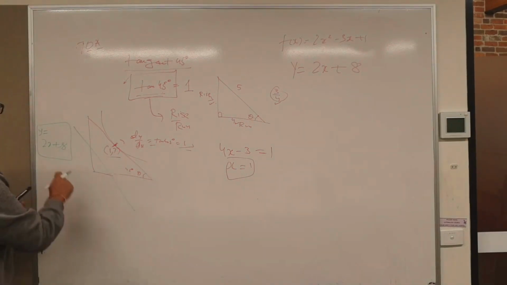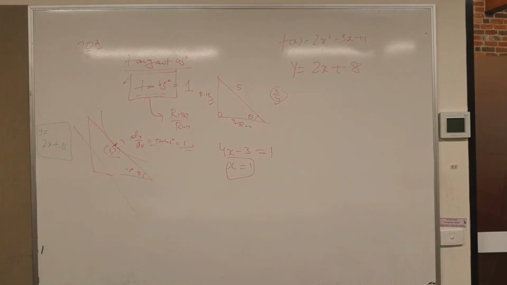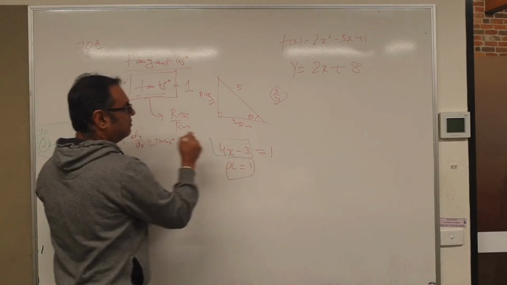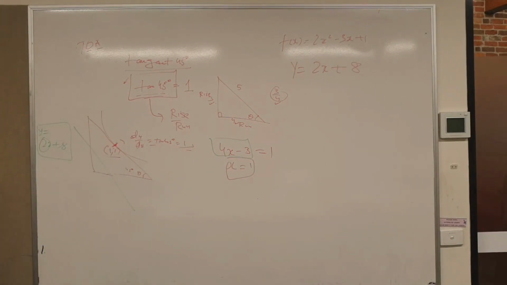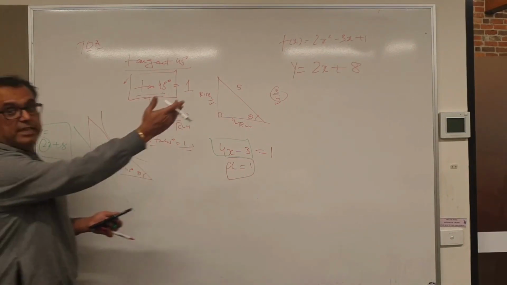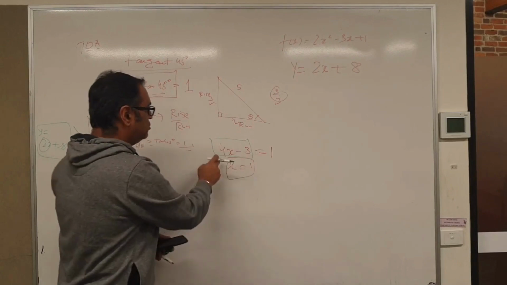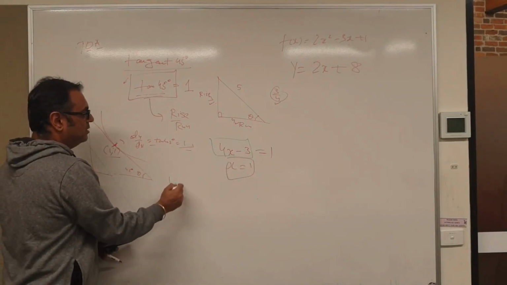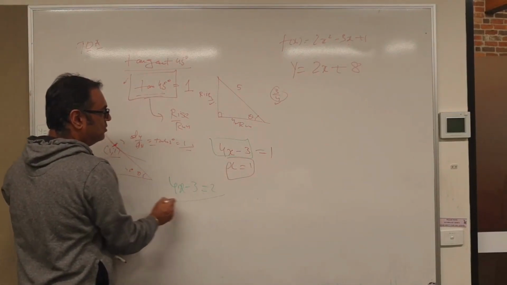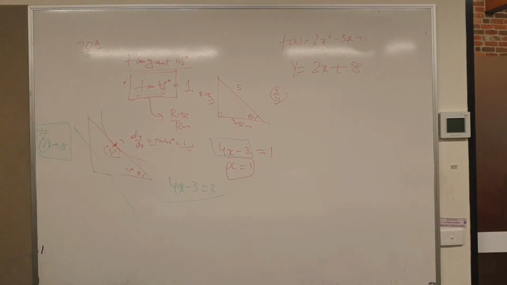Awesome. What's the gradient of this line? 2. Good job. What's the gradient of this line? 4. No, gradient was what? The derivative. So can I say 4x minus 3 equals 2? I've just equated the gradients, the two equations.